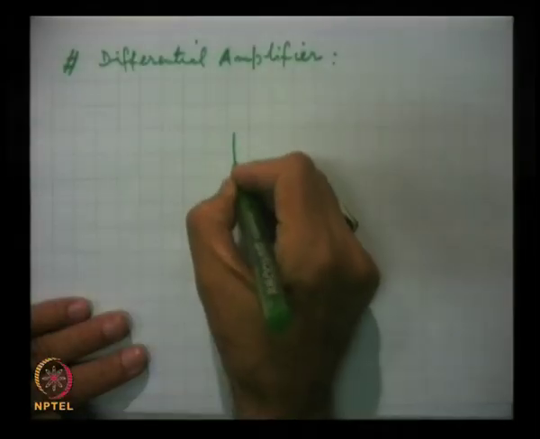Actually, instead of using discrete transistor units and providing a constant current and all that, differential amplifiers are realized by using an operational amplifier in a differential mode. So, this is the basic circuit.